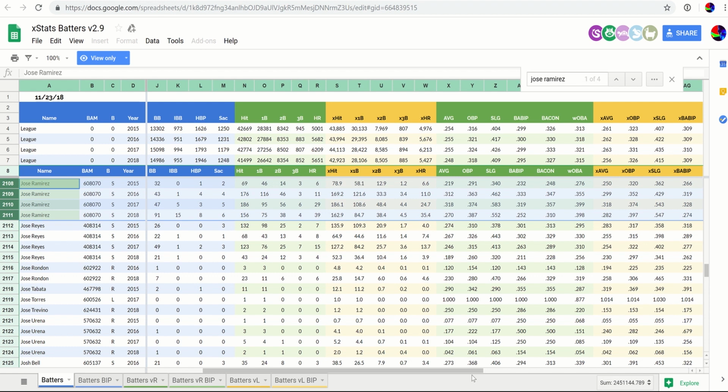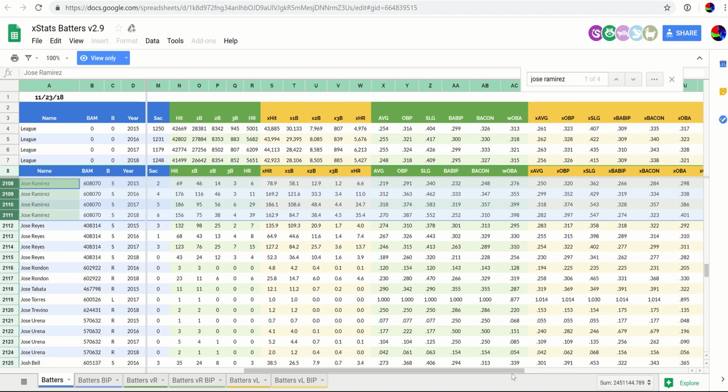But in the batting average department, you start to notice if there are major discrepancies that are pretty consistent. So right here, underperformed by 13 points, right on. So xStats has generally been pretty close for Ramirez. So the .270 average, the .282.